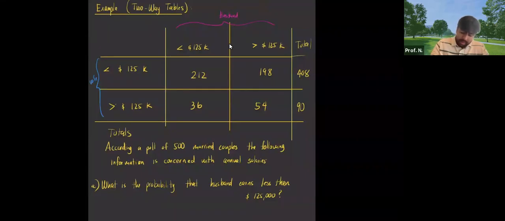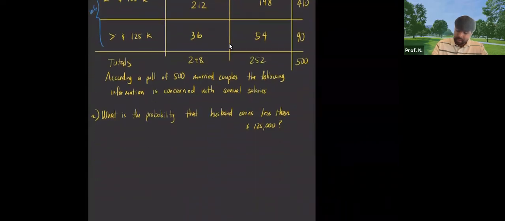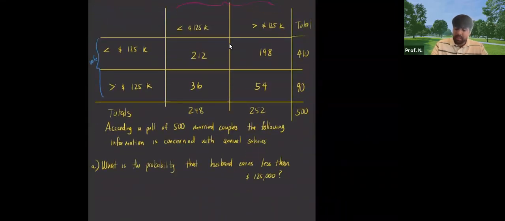Oh, pardon me, yeah, this should be 410. The whole point is that when these numbers add up, they should add up to the same number, 500. And the same thing goes for 36, 248. This is 248. And then 198 plus 54, 252.